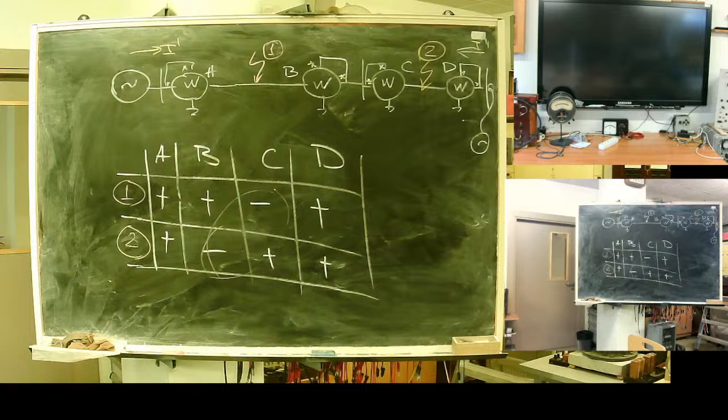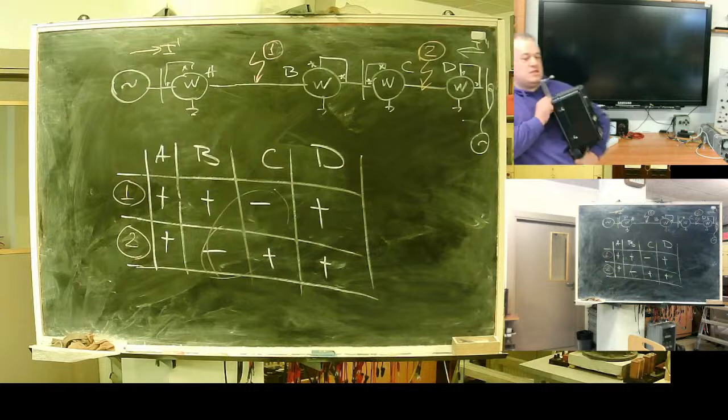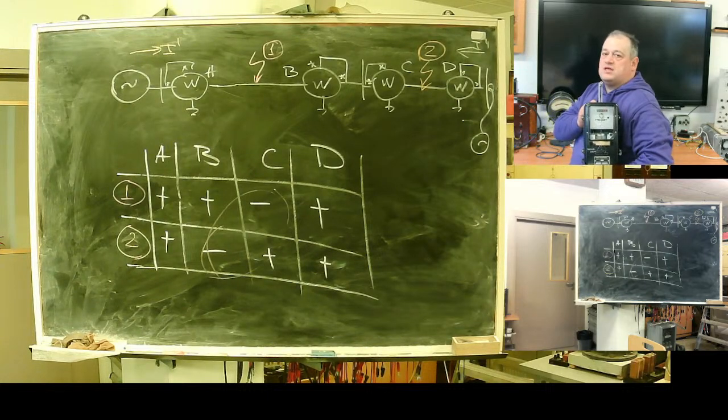Actually, this one no, it's not for 100 volts. This one is more close to the customer network. But this one, 100%. This one will do 100 volts and 5 amps.